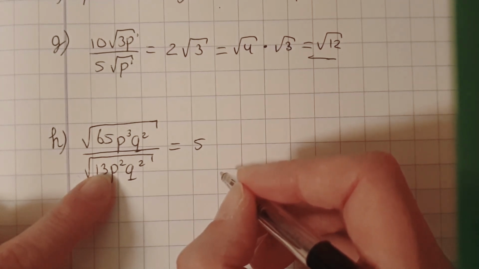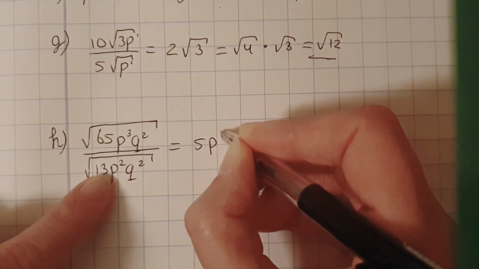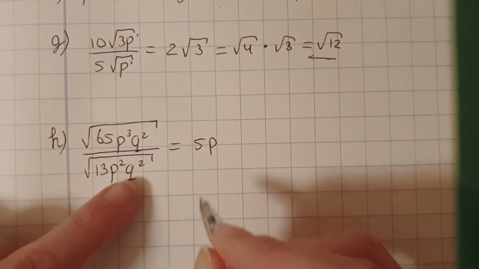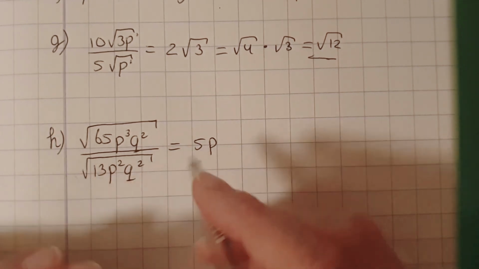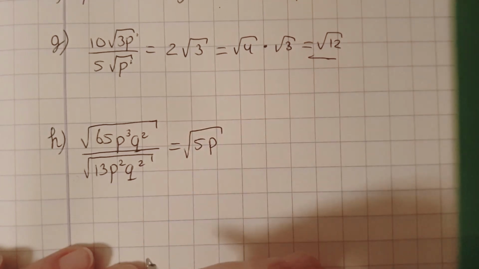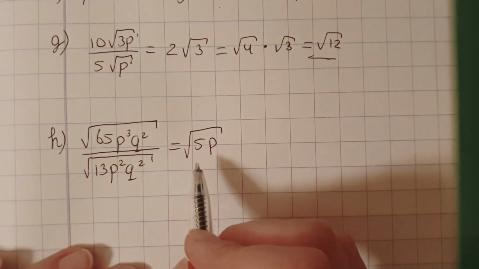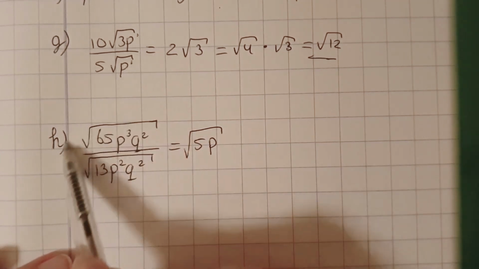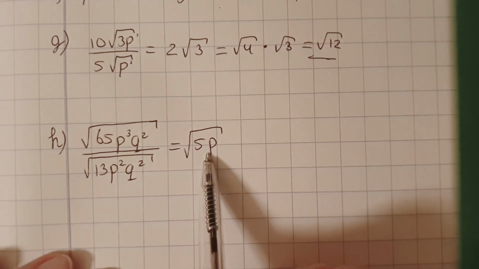Again, exponents minus each other. 3 minus 2 is 1, so p to the power of 1. q to the power of 2 divided by q to the power of 2. 2 minus 2 is 0, so the q is gone. Don't forget, there was a square root. There still is a square root, so it's square root 5p. Can you imagine that this big thing over here is actually just square root 5p?